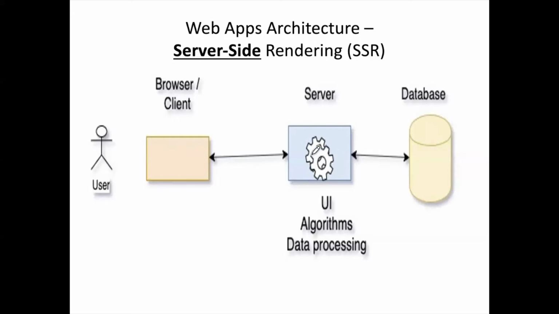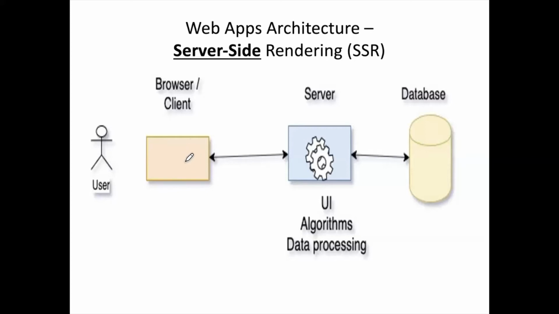So the server may consult the database to get some data, may put that data through some algorithms, and it will then generate a completely new HTML page and send that new HTML page down to the browser, and the browser displays it again. And that whole sequence just goes on and on.